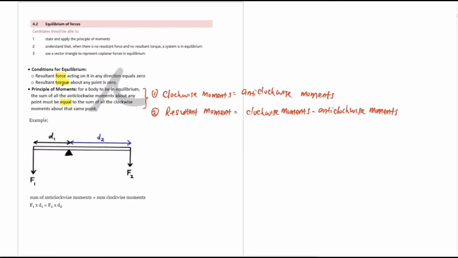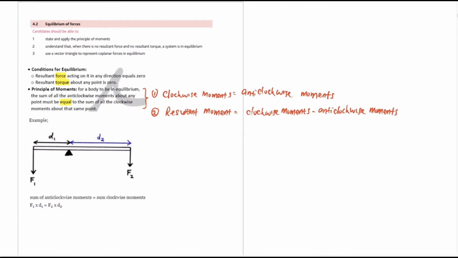When it is in equilibriums, the resultant is 0. When this is 0, then this minus this equal to 0. And if you rearrange, then you get number 1. Something like that. Okay, so let's see example.